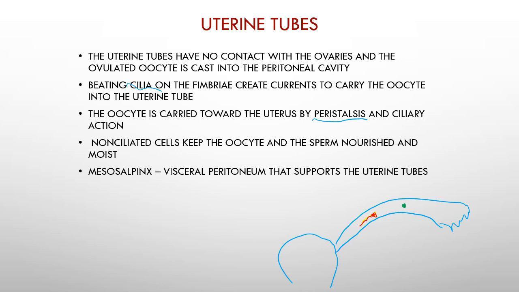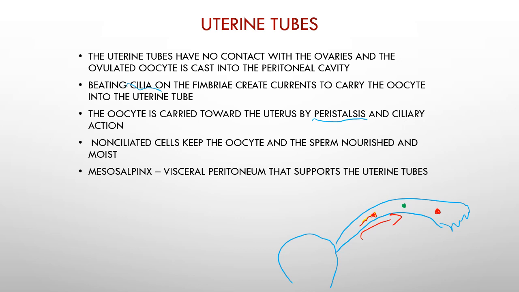All depends upon when the sperm was in the vaginal canal, its journey up through the uterus and into the uterine tubes themselves, and then same thing with the oocyte. Kind of depends on, was the sperm already on its way, and so maybe it meets it up here.